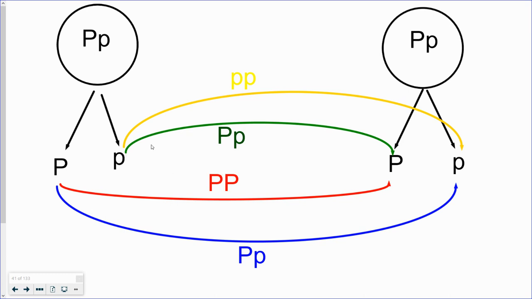If this sex cell happens to fuse with this sex cell, the offspring are also going to come out purple. They're just going to be carriers. If this sex cell happens to fuse with this sex cell, they both have a recessive allele. They're both going to come out white.